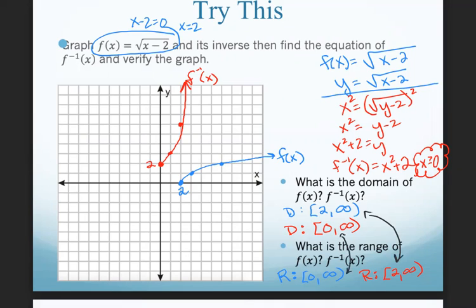That makes sense because our x and y values switched. So the total interval of x values should switch from being the domain to being the range, and all of the y values switched from being the range to being the domain. So the domains and ranges should be the same, but switched.